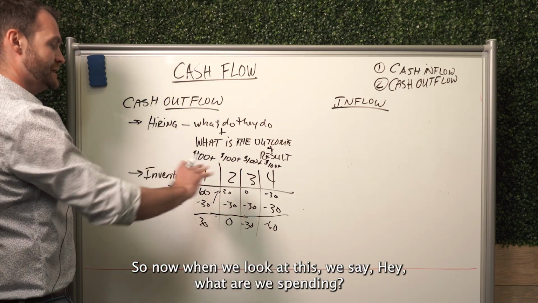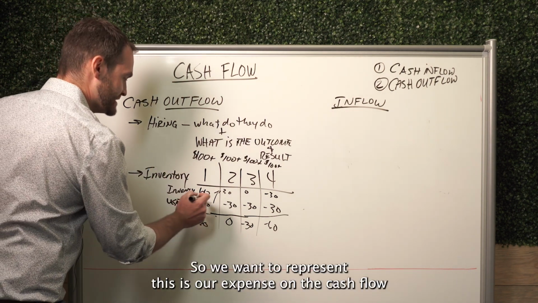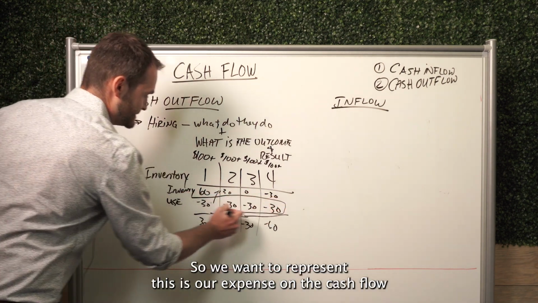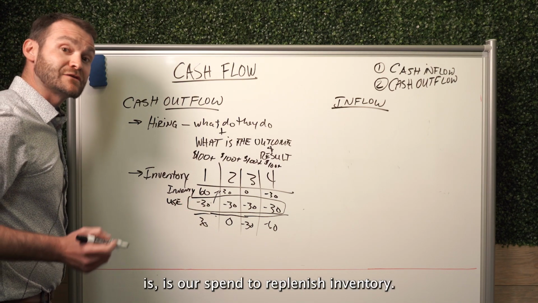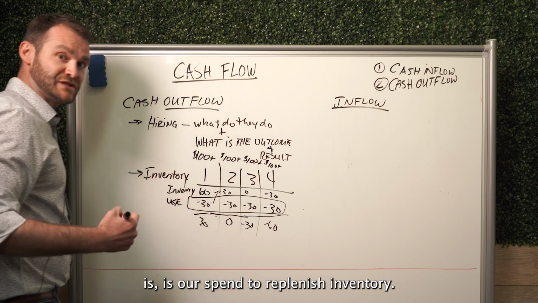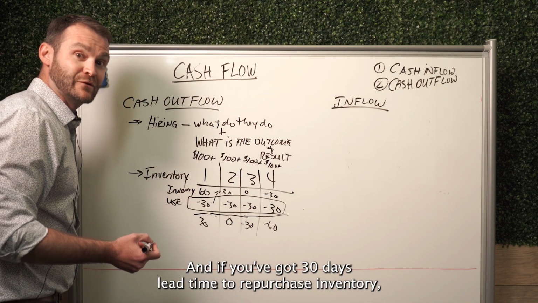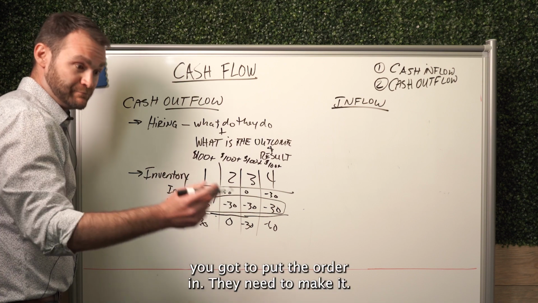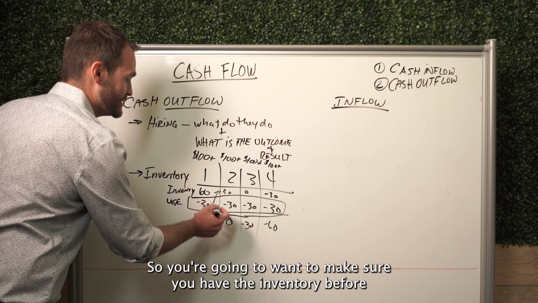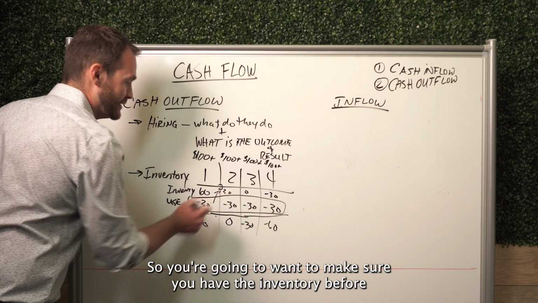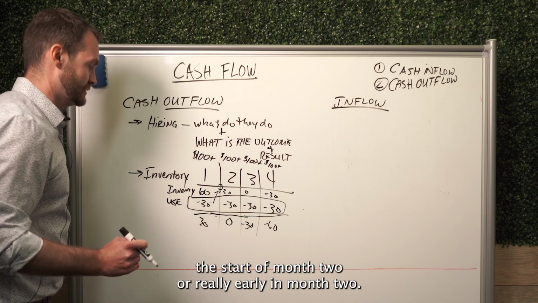So now when we look at this, we say, hey, when are we spending? We wouldn't represent this as our expense on the cash flow, because that's not accurate. What it is, is our spend to replenish inventory. And if you've got 30 days lead time to repurchase inventory, you've got to put the order in, they need to make it, and then send it to you. It takes 30 days. So you're going to want to make sure you have inventory before the start of month 2, or really early in month 2.